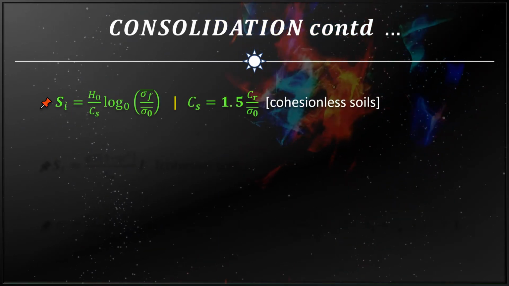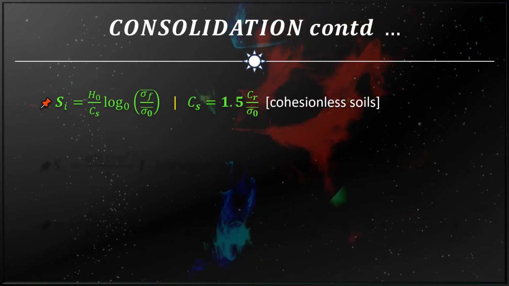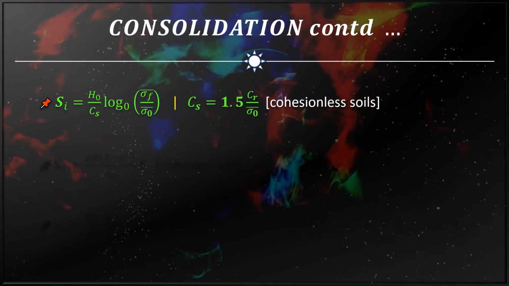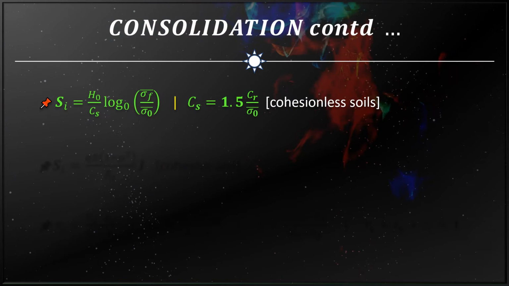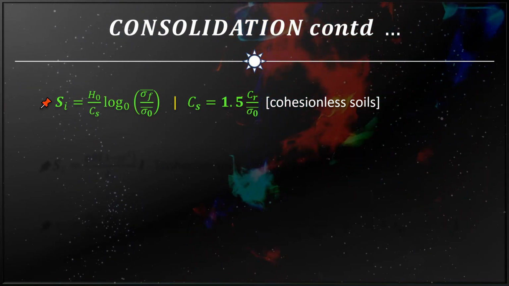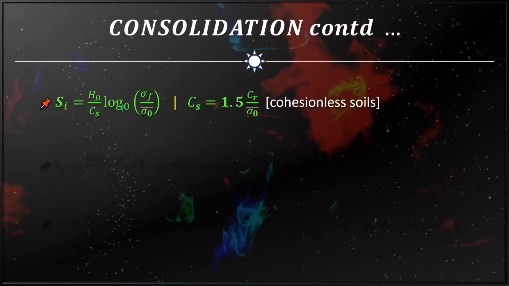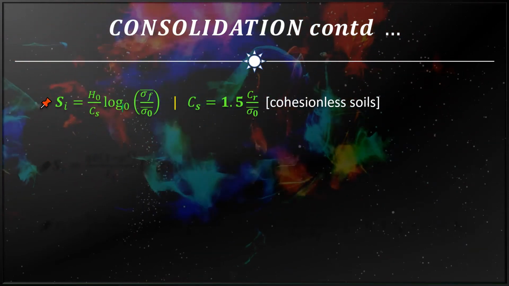Now we shall see some things about immediate settlement. Immediate settlement, that is Si, before the primary consolidation is given by Si is equal to h naught by Cs log base 10 of sigma f bar divided by sigma naught bar.